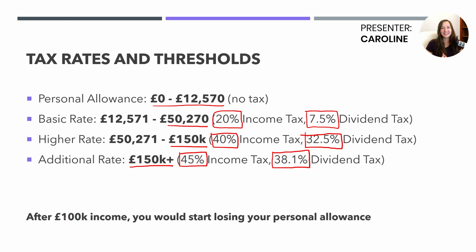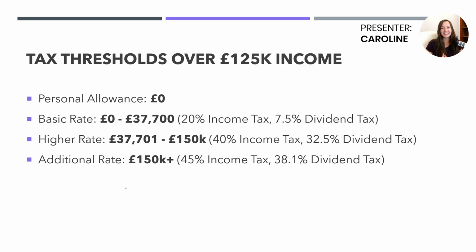And after £100,000, like I mentioned, so this is a big one, you would start losing your personal allowance. So by about £125,000, you would basically have no personal allowance whatsoever, and I will give you an example of how that gets worked out.